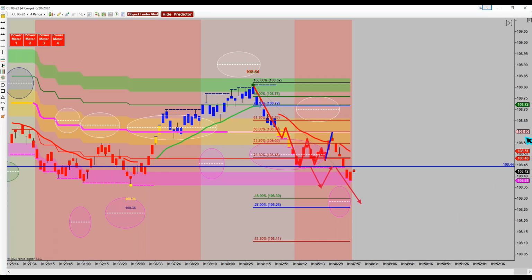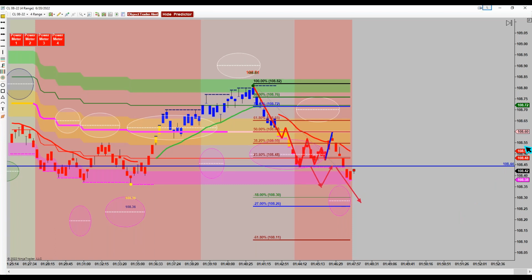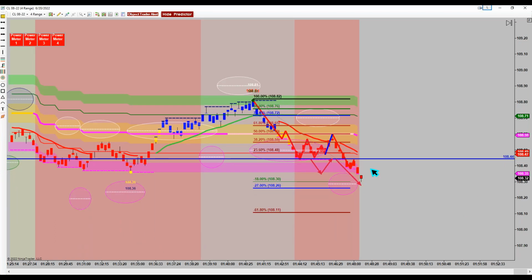So we're in this one, and we're not being taken out yet. Stop's going to be right there. Turning out to be a good little trade. Stop's right there. If you head down further, we'll do the fib again.